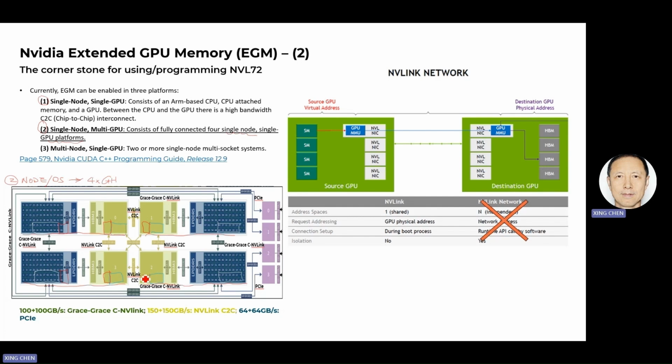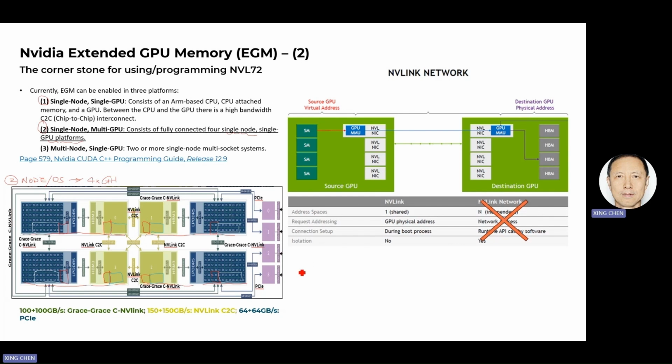And at the end, what you have is a kind of logically unified system-wide page table. But in reality, what you have are physically distributed multiple page tables, and globally the users, the programmers, have the feeling they have a globally unified page table.